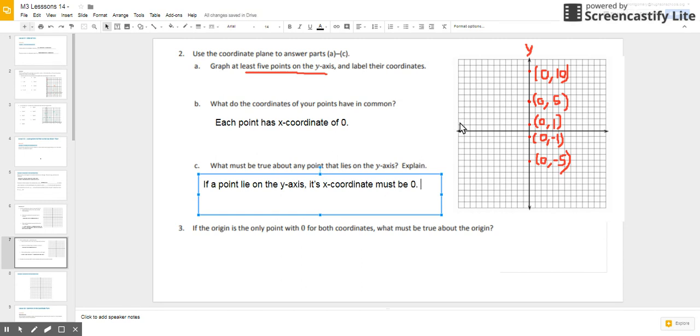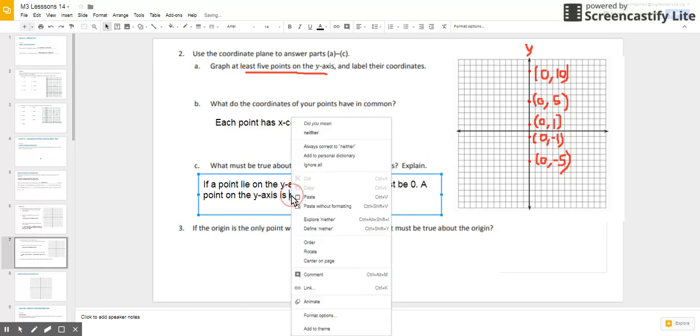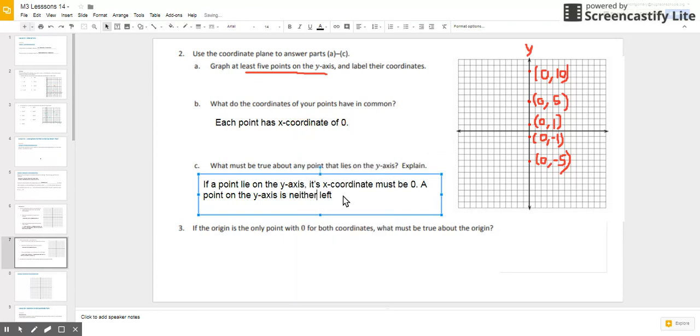A point on the y-axis is neither left nor right of the origin.